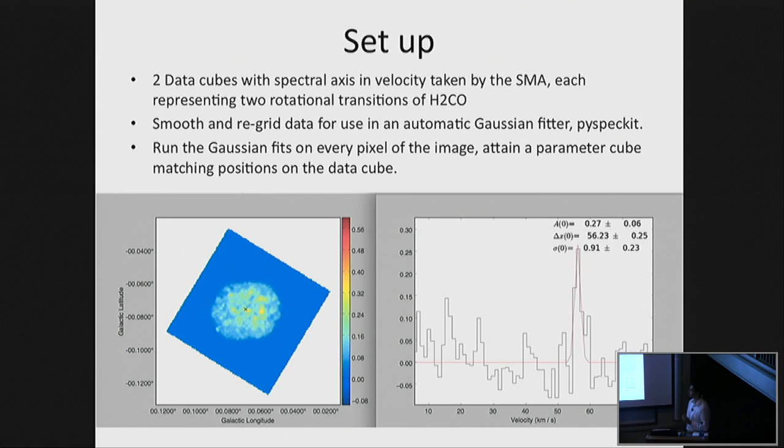Eventually, you end up with a cube identical to the original, except that instead of just fluxes, you have the fitted parameters. And that's what I use for my observables. The real issue here was actually getting the fitter to work for the cube. So a lot of work had to be done with smoothing the data and also regridding it so that the signal to noise can be increased, and also for the fitter to run a bit faster.